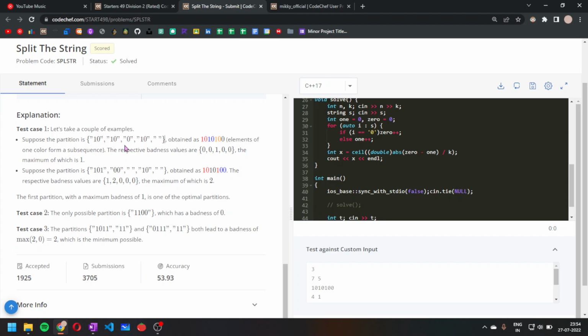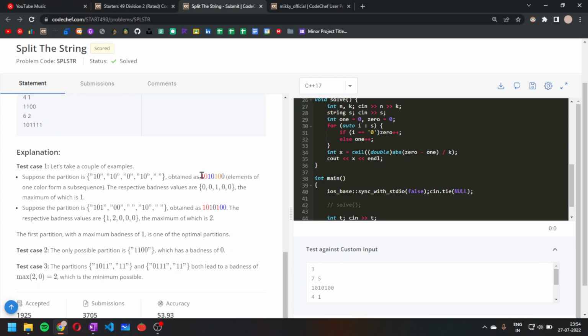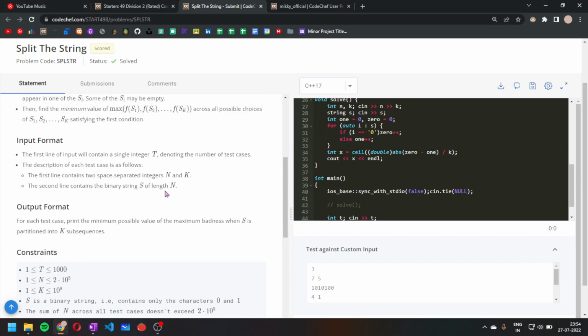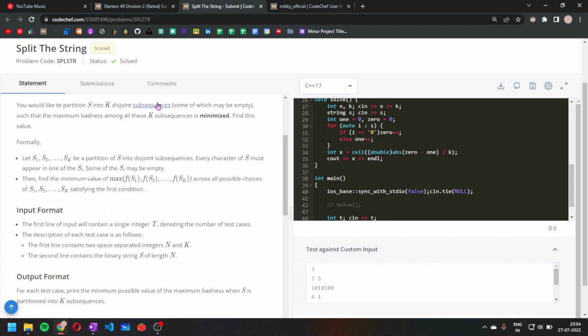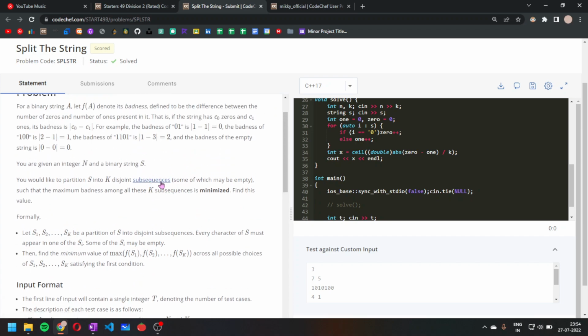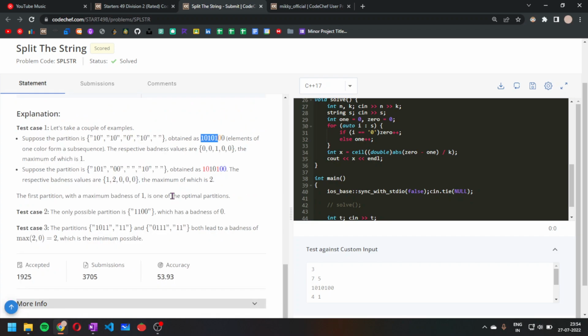So the minimum possible thing is 0. So here we have badness equal to 0. Here we have badness equal to 1. Here we have badness equal to 0. Right. So we want that badness to be minimized. And we can take any possible substring, or basically subsequence. Sorry, not substring, subsequence. We can take any possible subsequence.